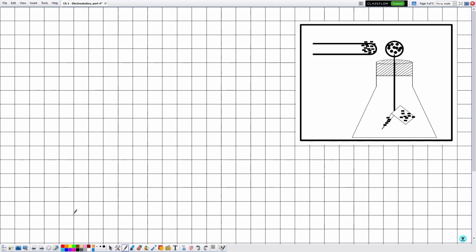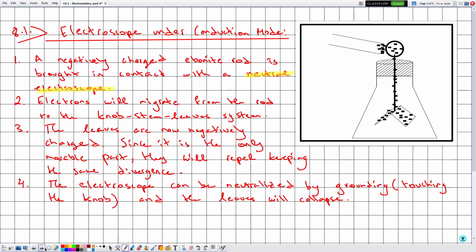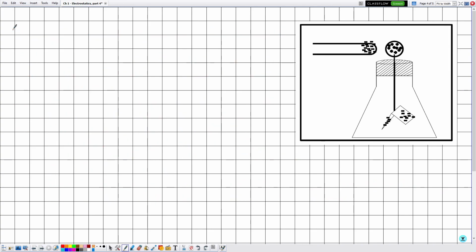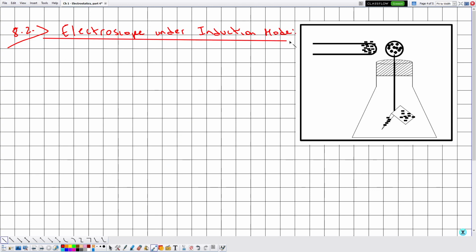Now also, in section 8.2, the electroscope can be used under induction mode. Here what we can do is the following.